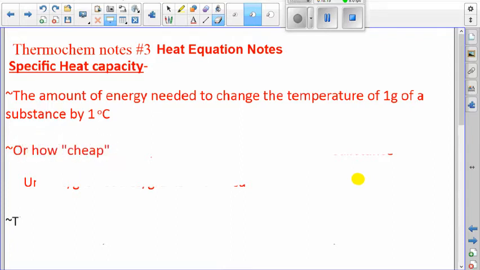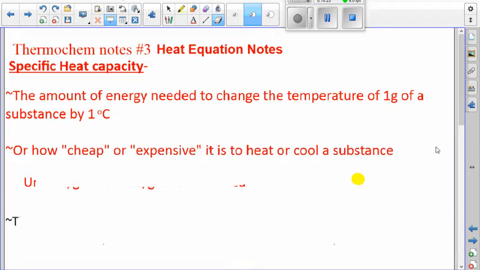Sometimes I'll say, or how cheap or expensive it is to heat or cool a substance. So the specific heat capacity will tell you how cheap or expensive it is to heat or cool a substance. The units are joules per gram degrees Celsius.